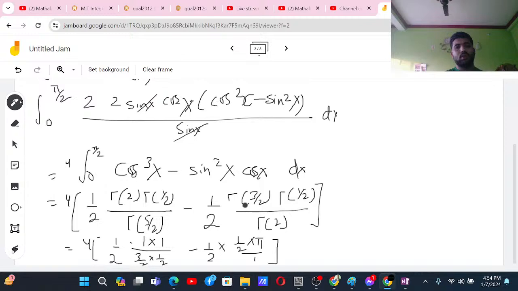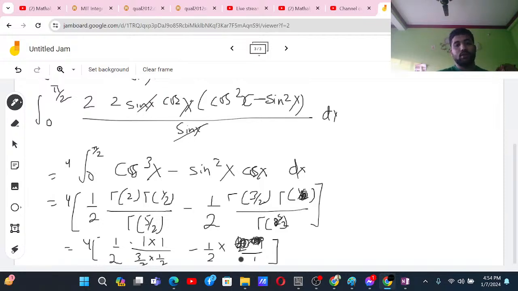So it's gamma 3 by 2, and then over here it's just gamma 1. Sorry, my bad. And over here it's just 5 by 2. Sorry for that. So no need of 1 by 2 now.